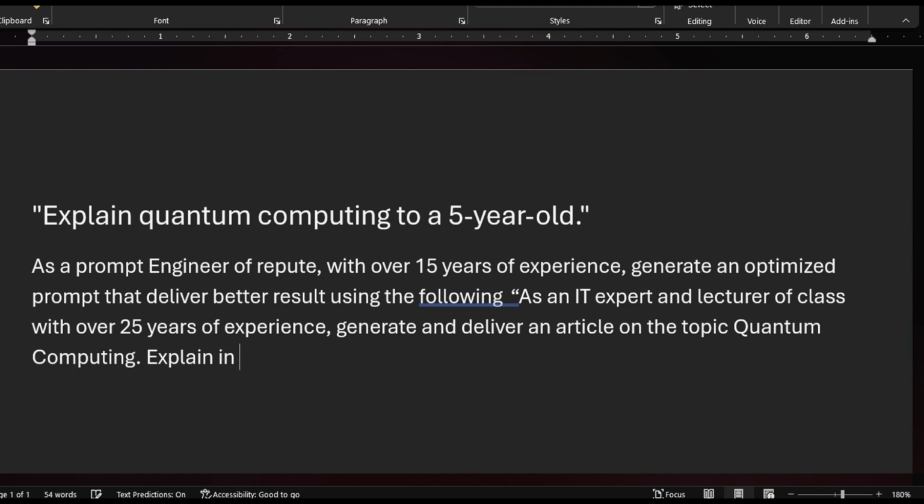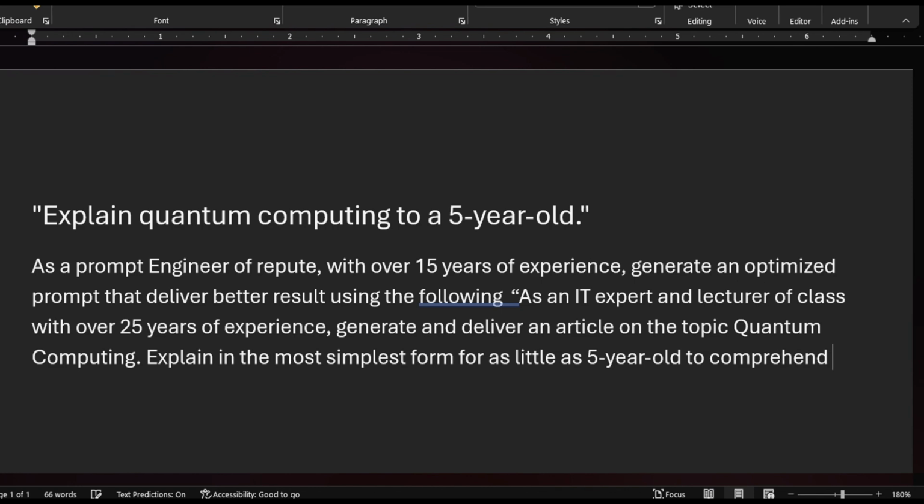Explain in the most simplest form for as little as a 5-year-old to comprehend. Let's leave it that way, don't worry.